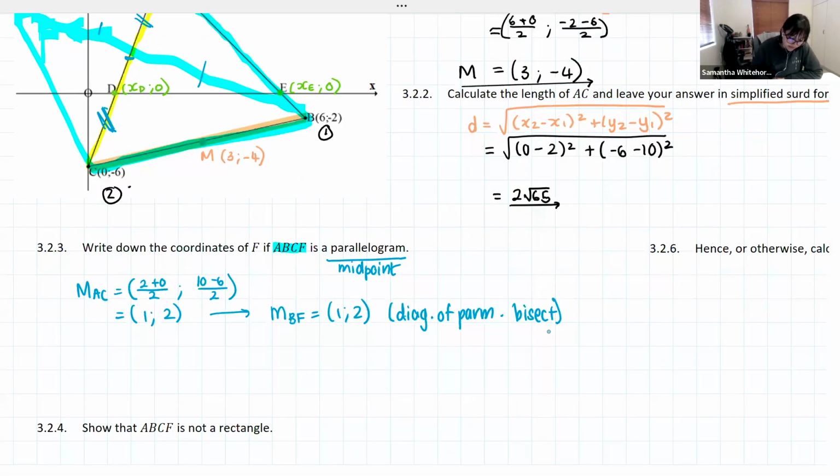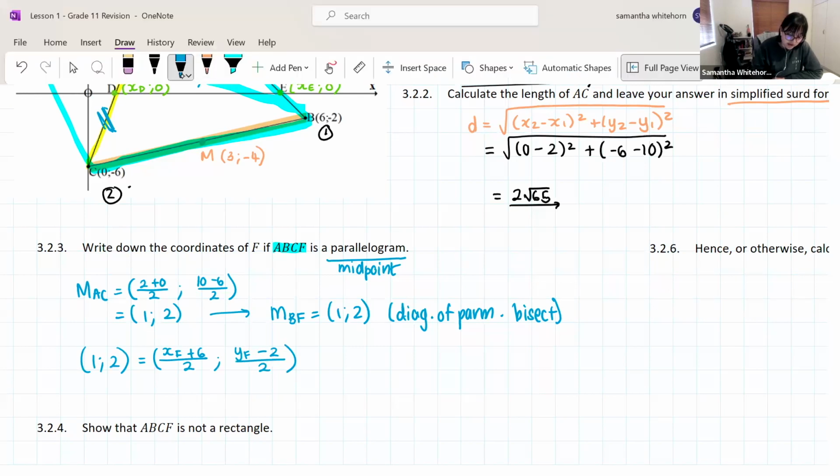Now, because you know this midpoint, you can now go and use that to calculate your missing coordinate F. We know that the x coordinate of F plus the x coordinate of B, which is 6, over 2, and the y coordinate of F plus the y coordinate of B, so negative 2, over 2, will give me that midpoint. And this midpoint formula is really nice because you can work with these fractions separately.